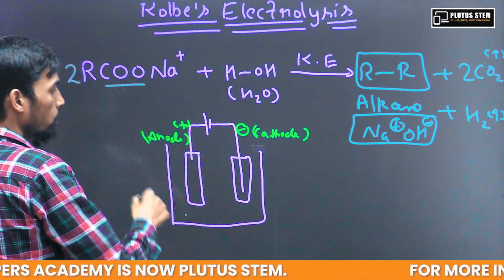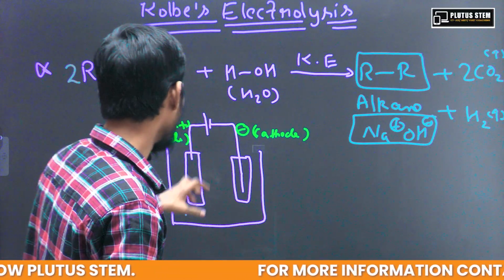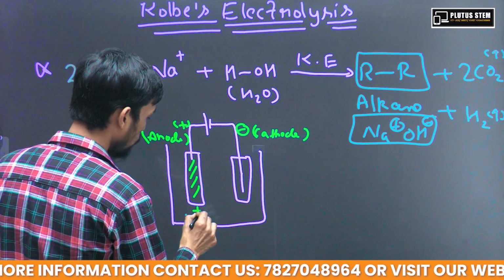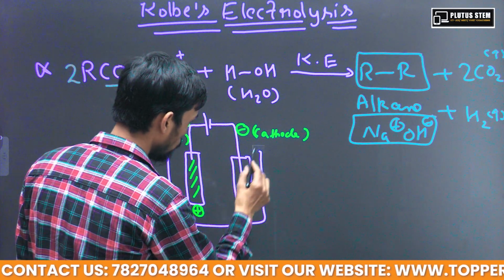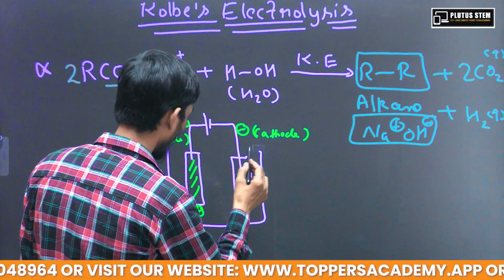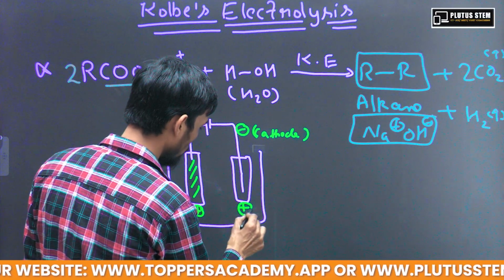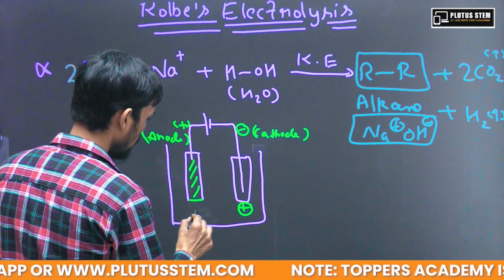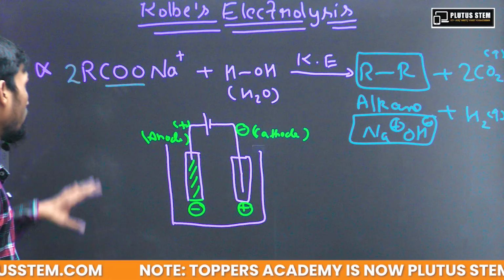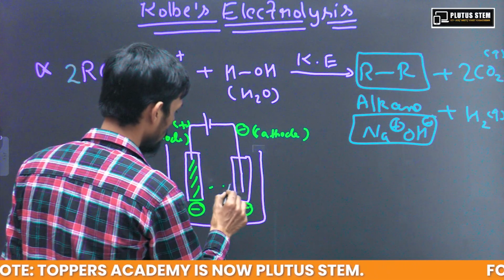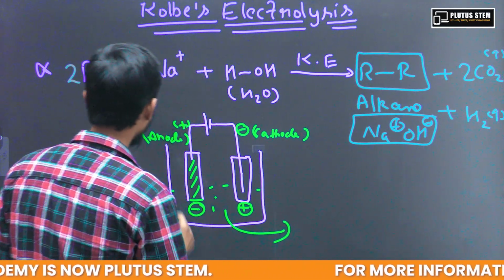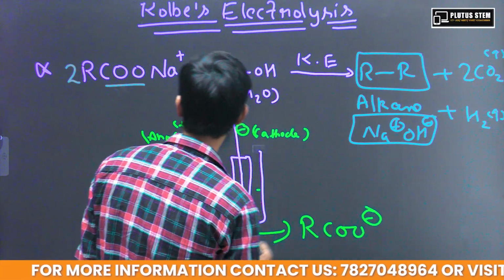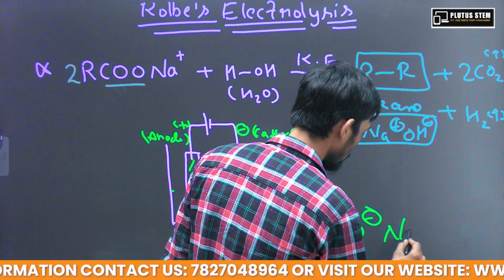Through this we are going to pass some electricity. At the negative cathode we are going to see some positive moiety, and at the anode we are going to see some negative groups. So basically in this solution we have an electrolyte as RCOO negative and Na positive.